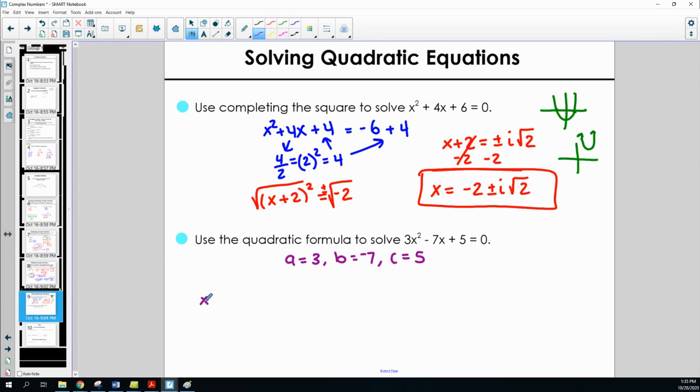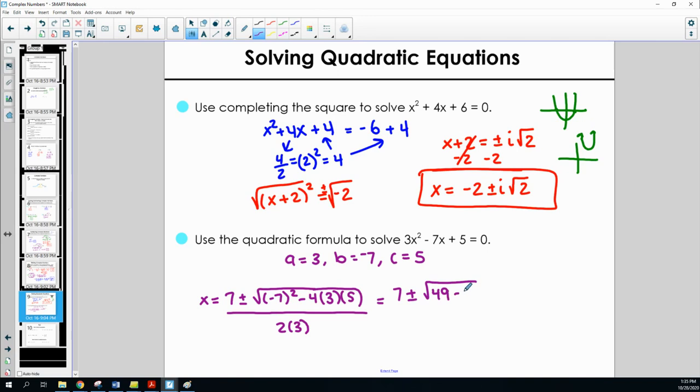So when I plug it into my quadratic formula, I have -b, so that becomes +7, plus or minus the square root of b squared, so -7 squared, minus 4 times a times c, all over 2 times a. So I end up with 7 plus or minus the square root of 49 minus 60, over 6.